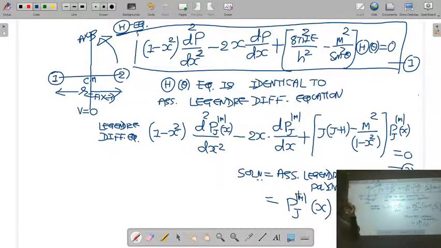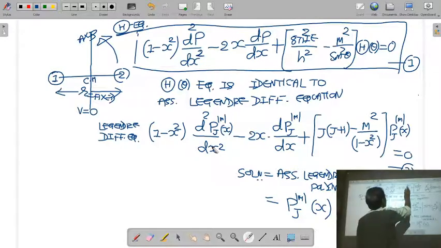Now, if you compare our theta equation with the Legendre equation, both are looking the same, but they are not exactly the same. Let us compare each term. The first term, 1 minus x square d square p upon dx square, is exactly the same. The second term is also the same, minus 2x dp by dx.